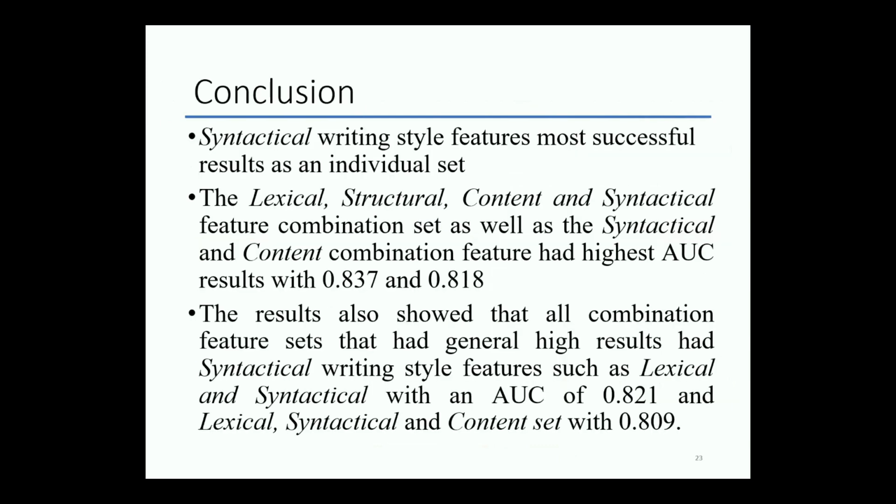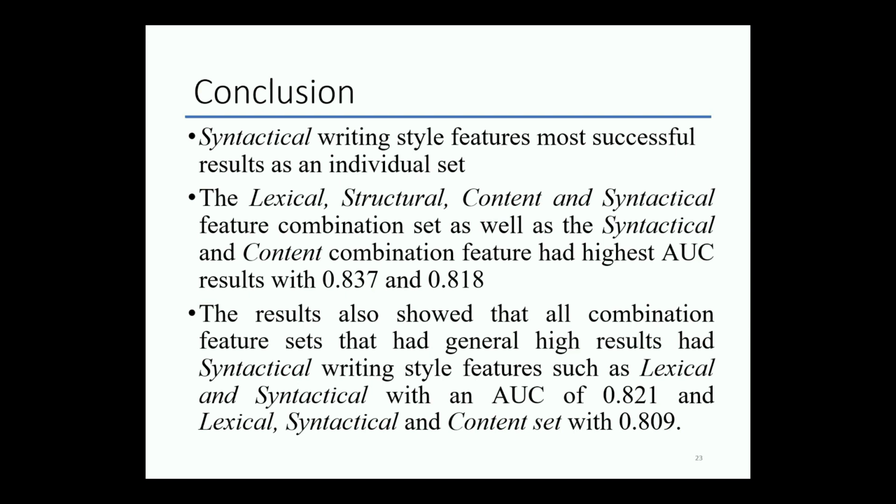So what we learned from this experiment is that syntactical writing features were the most successful ones as an individual set for cross-genre and cross-topic authorship identification. And then the combination of lexical, structural, content, and syntactic feature sets also works best because they gave the highest AUC results.